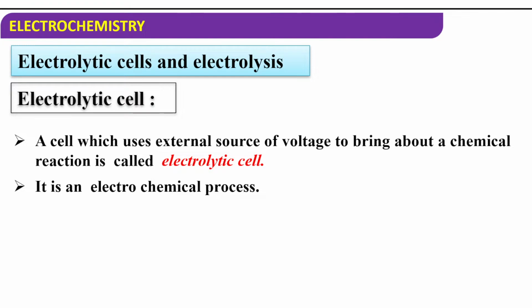That's why we use an external source of voltage, or a battery, to bring about the chemical reaction. That is called an electrolytic cell.